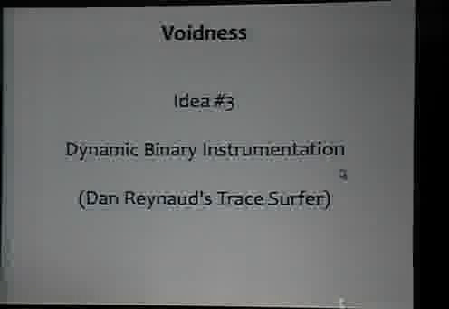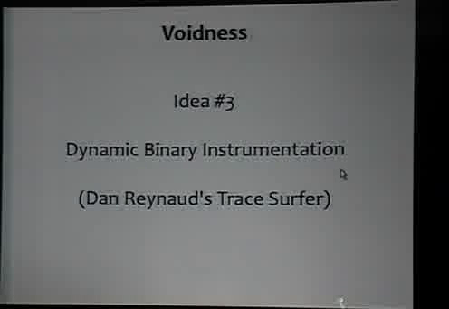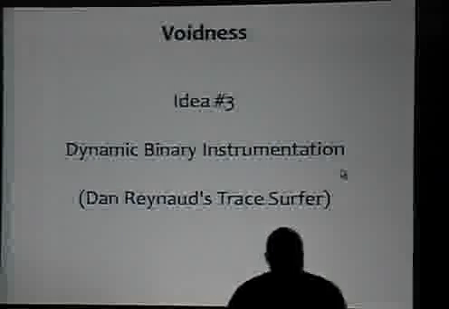Idea number three is this dynamic binary instrumentation I was talking about. In case you're not sure, it's really cool. It's like an x86 to x86 just-in-time compiler that allows you to modify the code as it's going through the compiler. So it'll start out and you'll get a basic block.